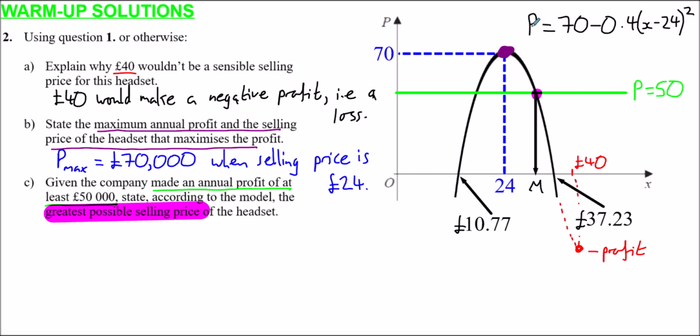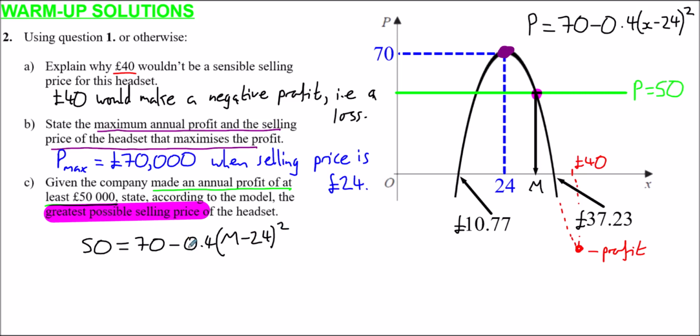So P is 50. So 50,000 we can sub in P as being 50. So when P is 50, as in £50,000, that's going to be 70 minus 0.4 brackets of the x coordinate, which is m for maximum selling price, minus 24 all squared. A very similar rearrangement to question 1 now.